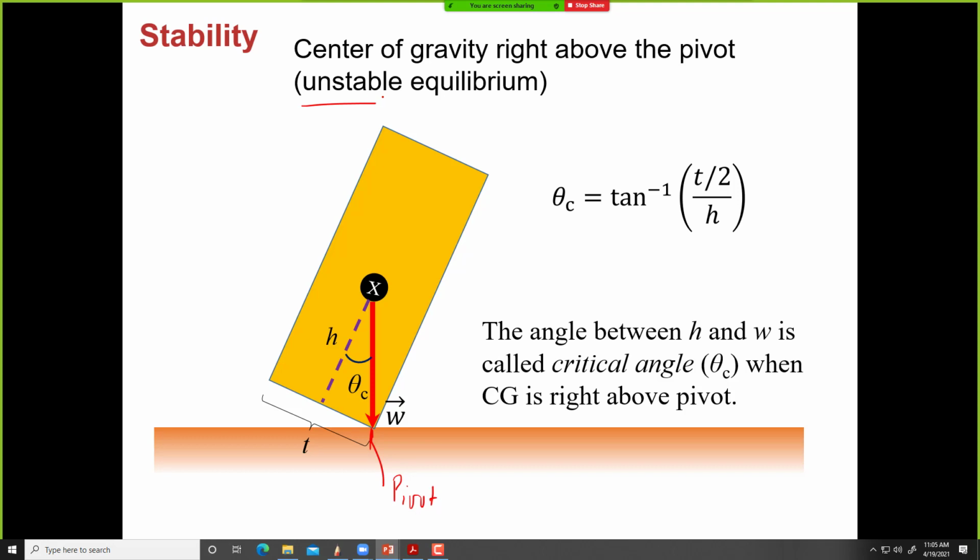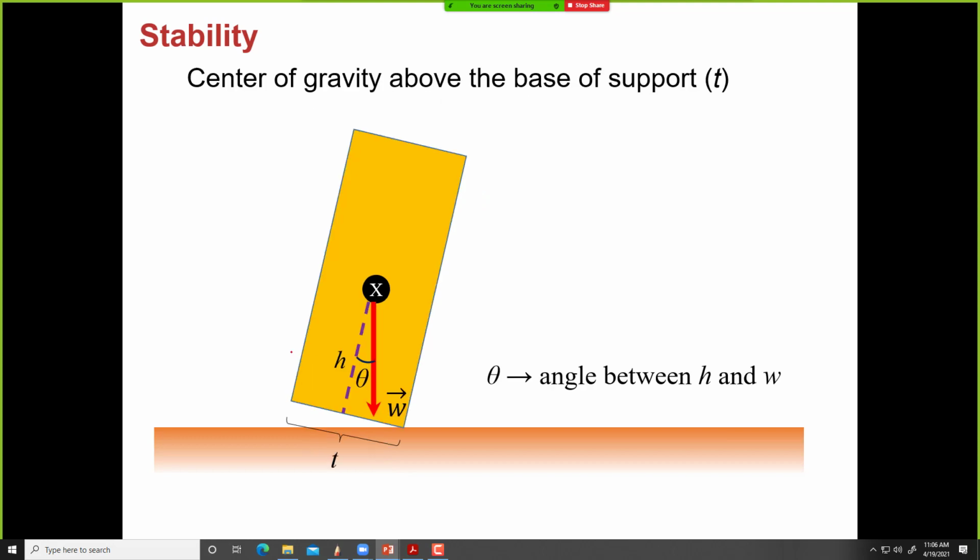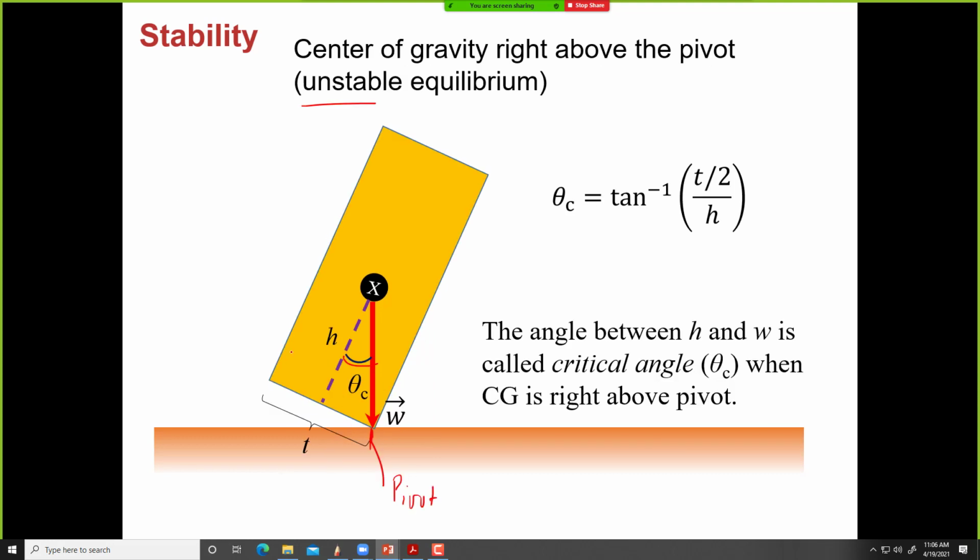Okay, so it's unstable equilibrium, and this angle up to which it can still go back to its stable state is called the critical angle. Okay, once you increase the angle greater than that, then it won't be able to go back to the stable state. It will be in a non-equilibrium state. It'll topple to the right.